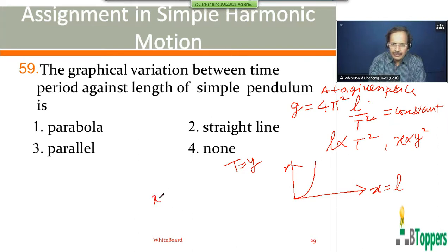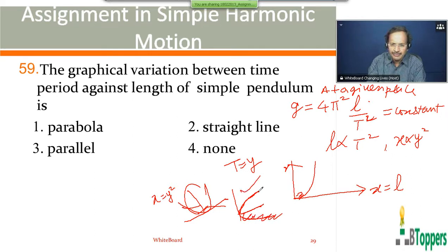In general, the x equal to y square graph you might have drawn in school will be a parabola symmetric about the x-axis. But here, the time cannot be negative. Therefore, you get only this side of the graph. That means this is the correct graph.